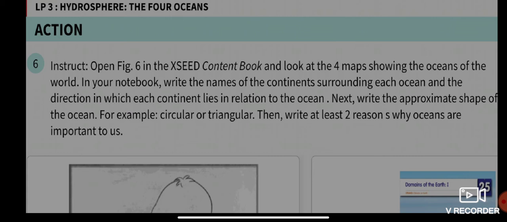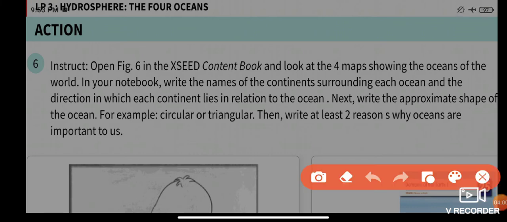In your notebook, write the names of the continents surrounding each ocean and the direction in which each continent lies in relation to the ocean. Next, write the approximate shape of the ocean, for example circular or triangular. Then write at least two reasons why oceans are important to us. All these things you have to do in your notebook.